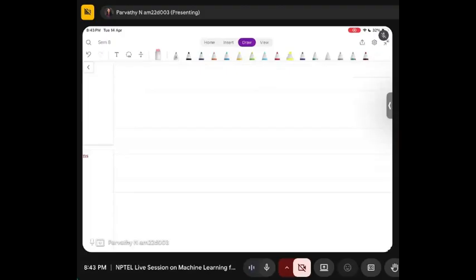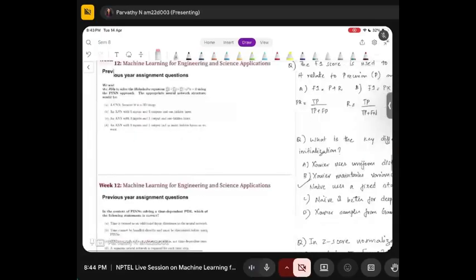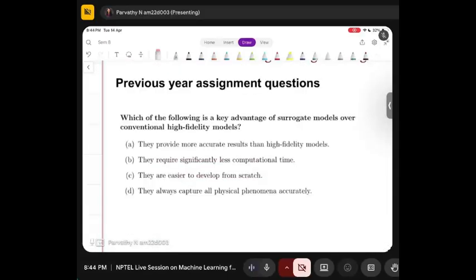Which of the following is the key advantage of surrogate models over conventional high fidelity models? They provide more accurate results than high fidelity models. They require significantly less computational time. They are easier to develop from scratch.